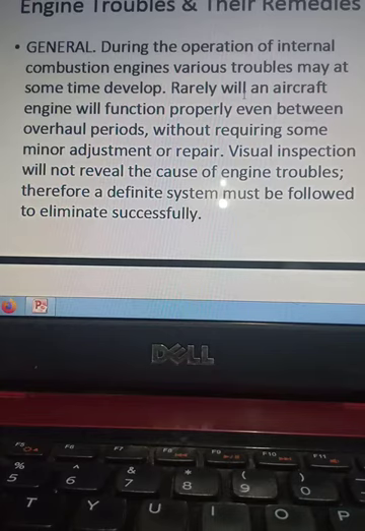Therefore, a definite system of trouble finding must be followed to eliminate them successfully.